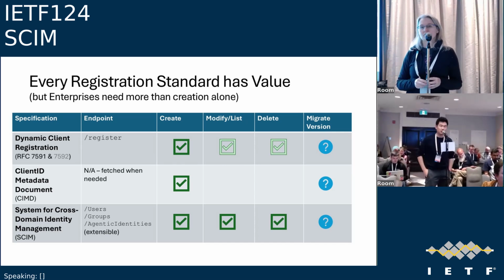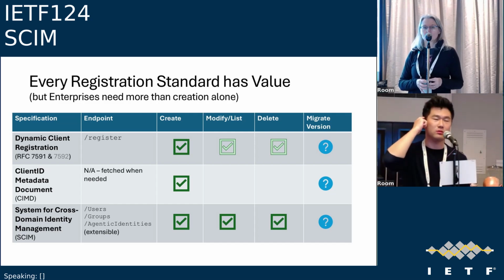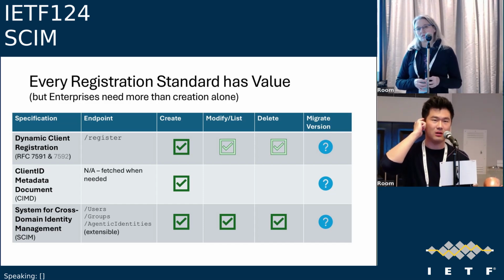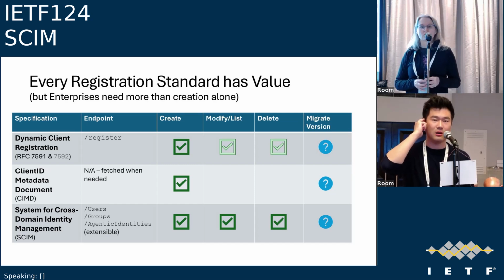Hi, this is Peter from Huawei. So my question is, how frequently would this record be updated? What is the typical lifespan of this kind of record? Is it always going to be long-term services that are available, or are there going to be ephemeral agents that spawn in workflows?